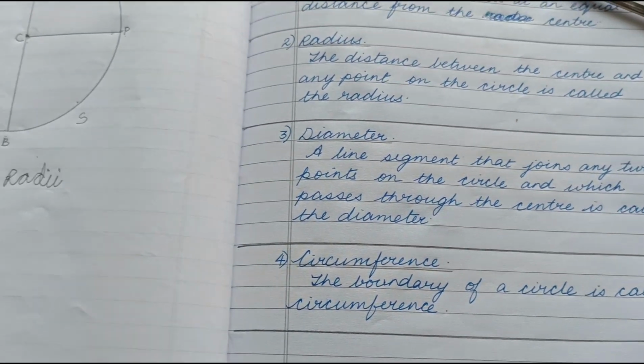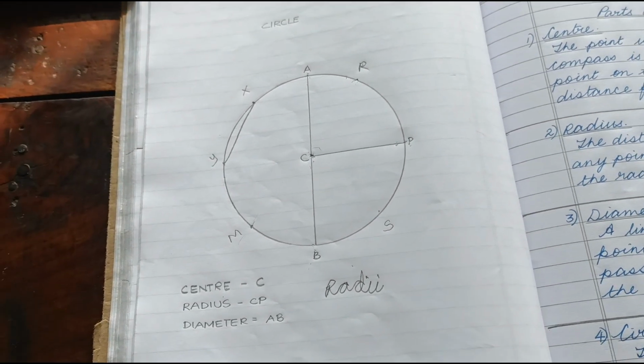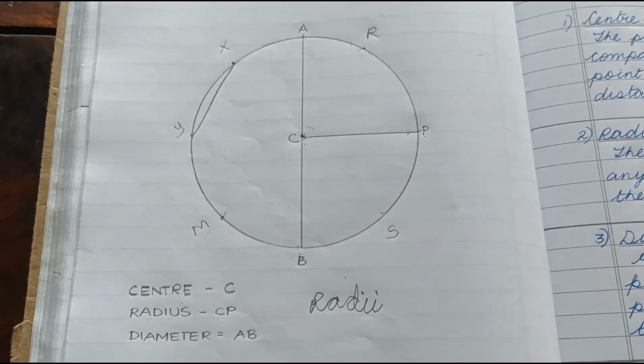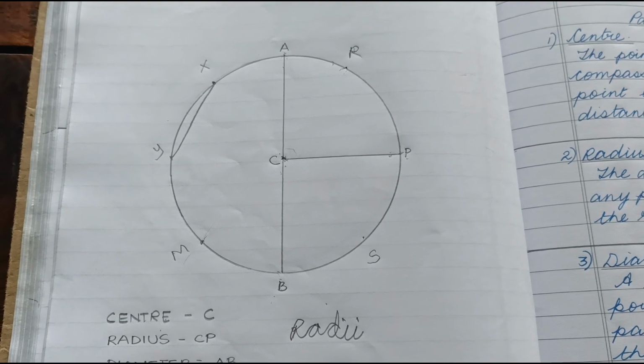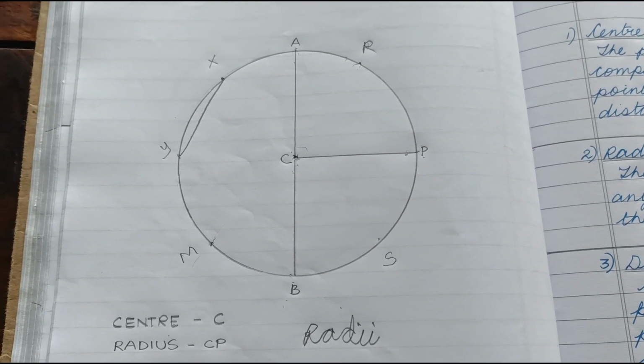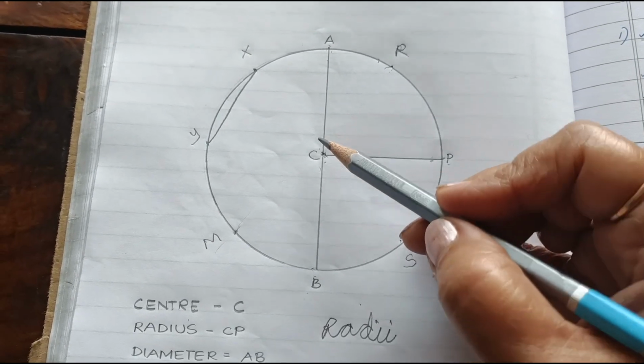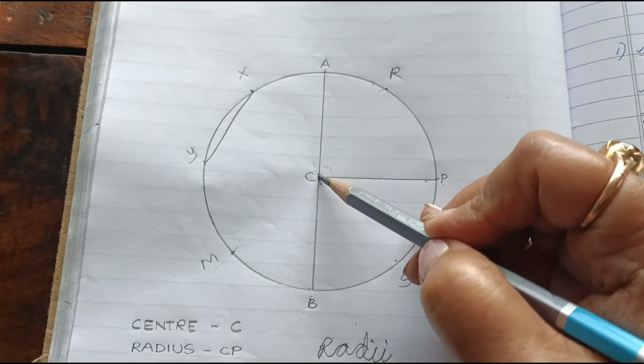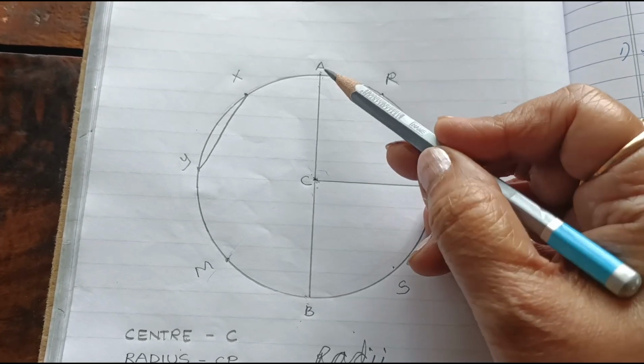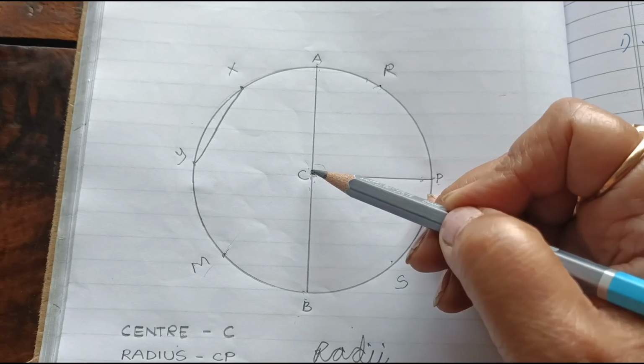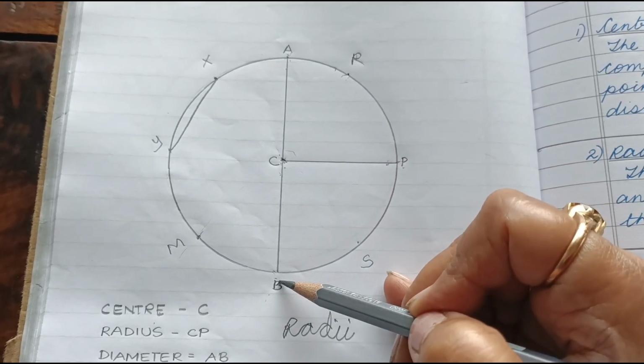Okay, now if you see this circle again, let's look at these two things, the radius and the diameter. The diameter has two radii in it. CA is also a radius, CB also is a radius.